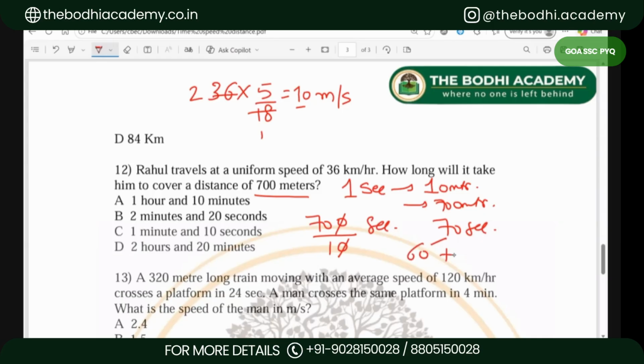So 60 plus 10, it will be 1 minute and 10 seconds. 1 minute 10 seconds is the answer.